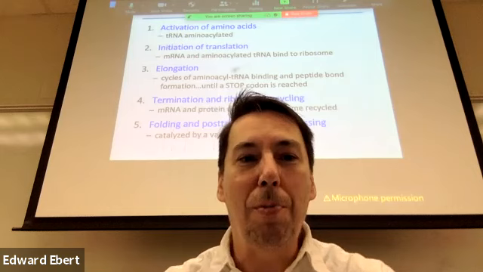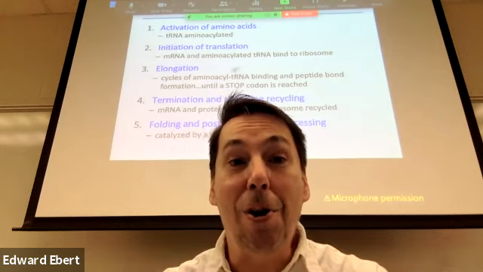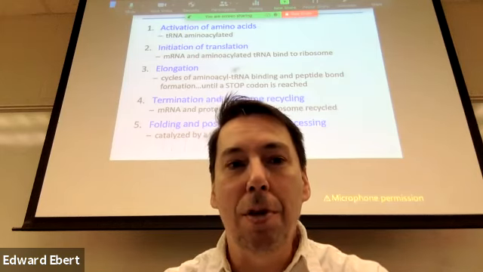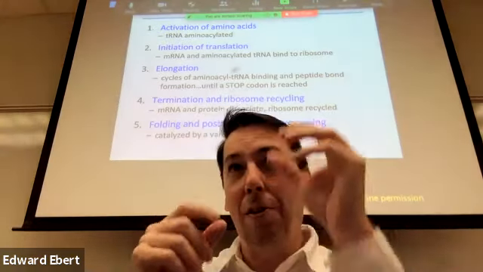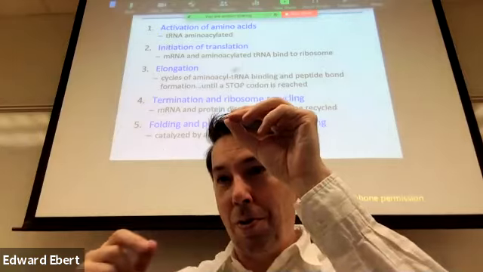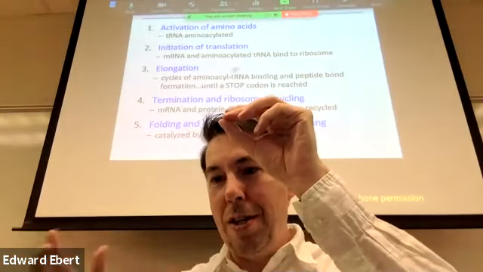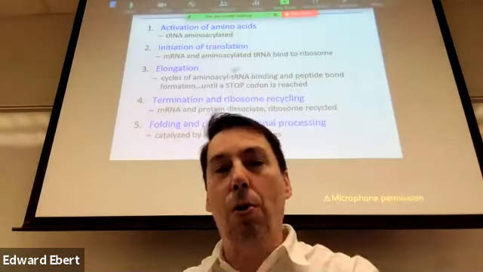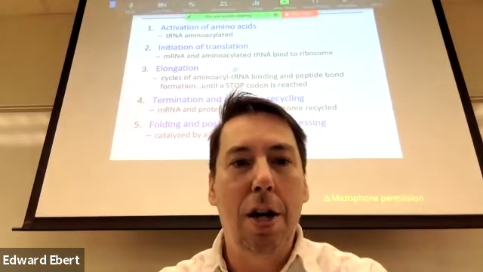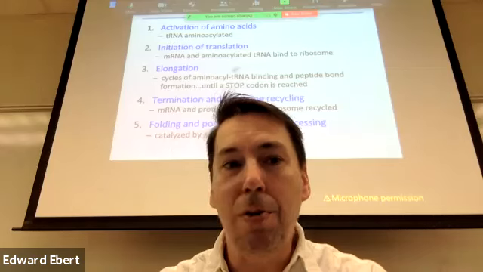So our mRNA and our aminoacylated tRNAs bind to the ribosome. We start seeing those tRNAs bring in their aminoacyls. They read the mRNA, and then the amino acids get attached to each other to make a growing protein strand, and they keep going until you hit a stop codon.